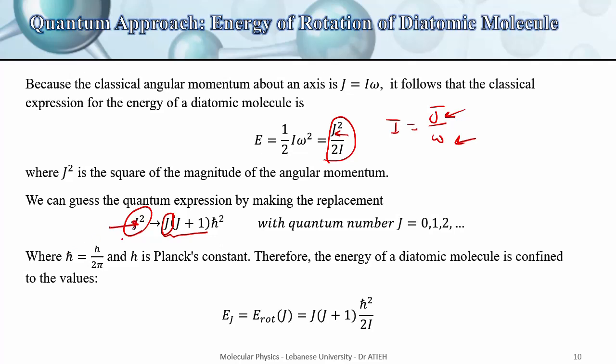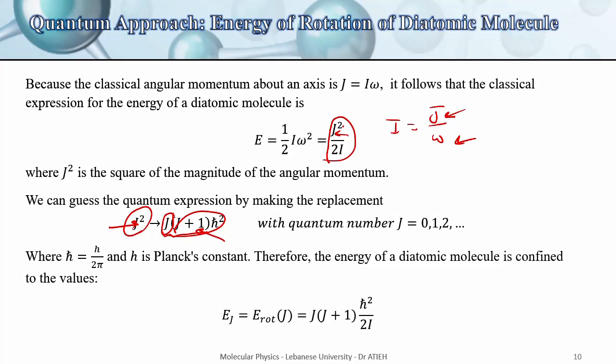So here, this is the classical angular momentum. Here, j is a quantum number. And this one represents the square of the angular momentum in quantum mechanics. So h bar is equal to h over 2 pi, where h is Planck's constant. You all know this information.